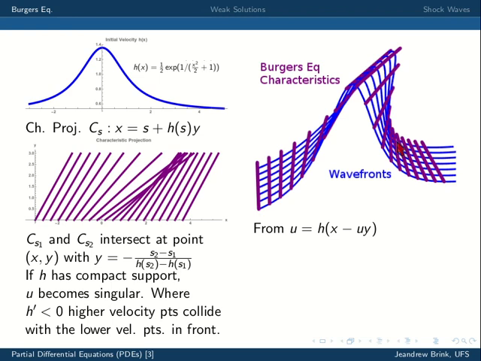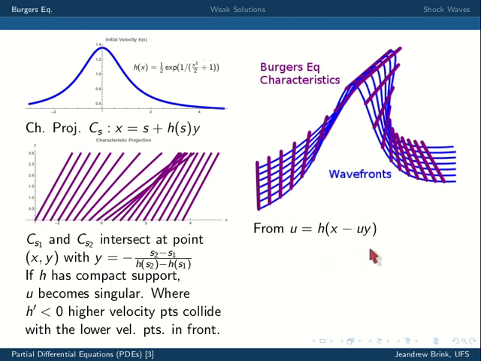Just another way of looking at it as well. With PDEs, you get an answer, you get different ways of looking at it, and you try to extract the truth in painful, little strands of spaghetti. You pull them out and you savor them. Let's now have a look at this function u equals h of x minus uy.